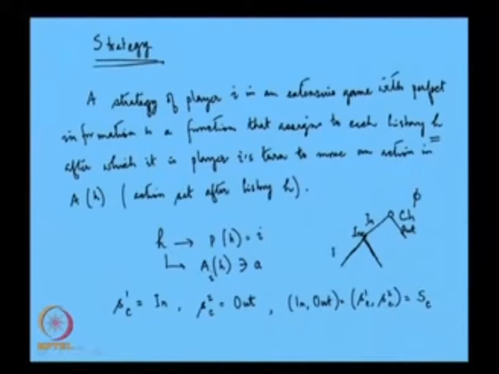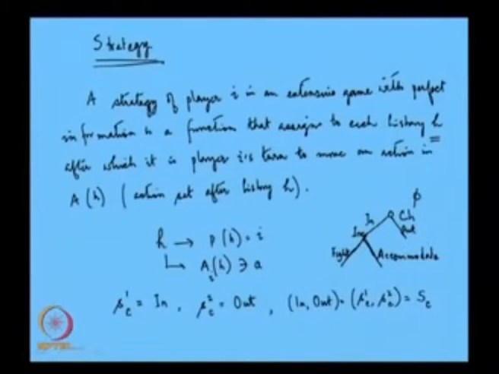So, this is fight, this is accommodate. I am not writing the payoffs because they are not relevant that much here. Now, similarly, here the incumbent is moving only after one history, the history is in. So, I know the following: in is the incumbent's history.